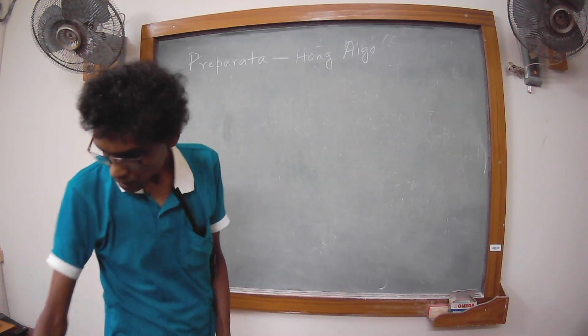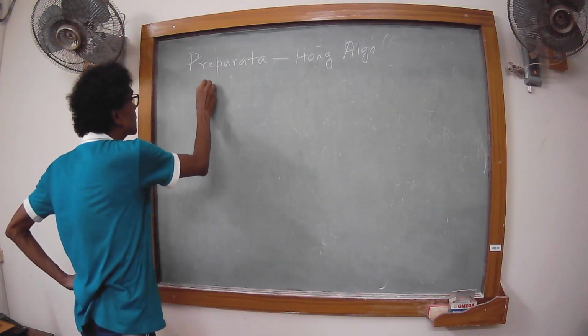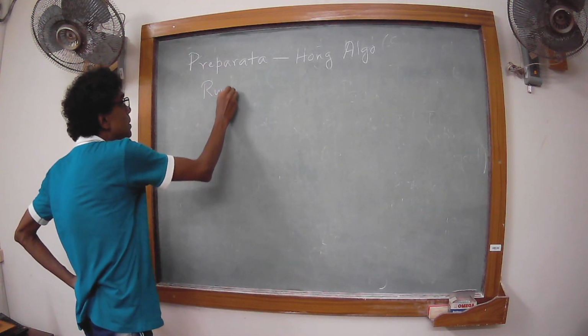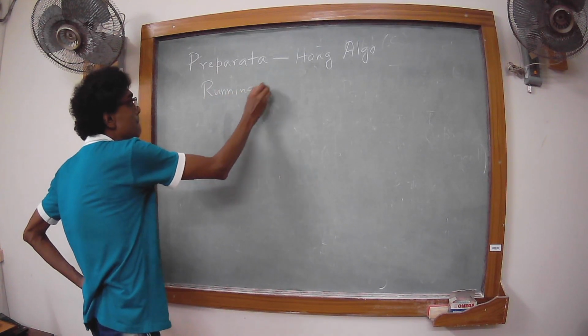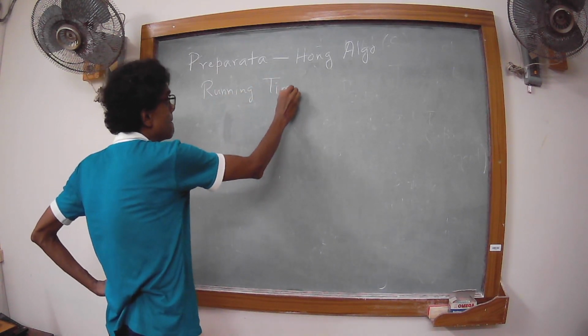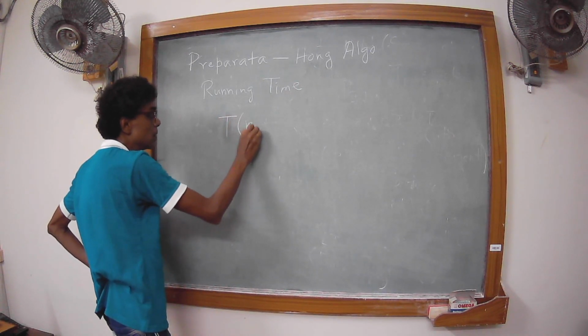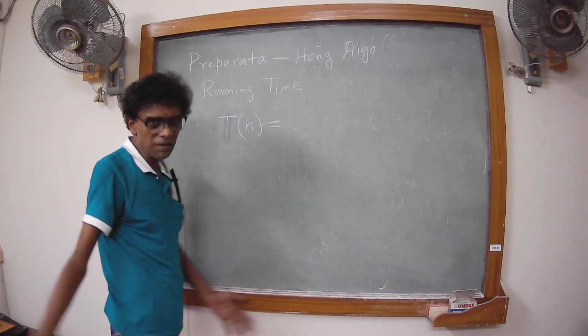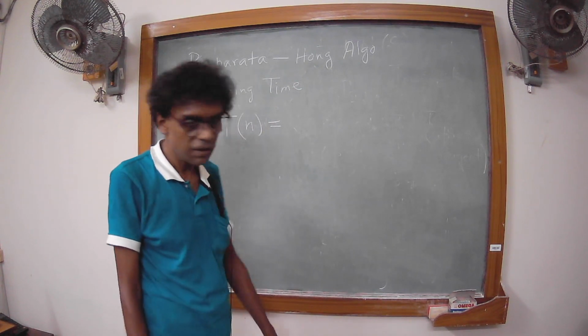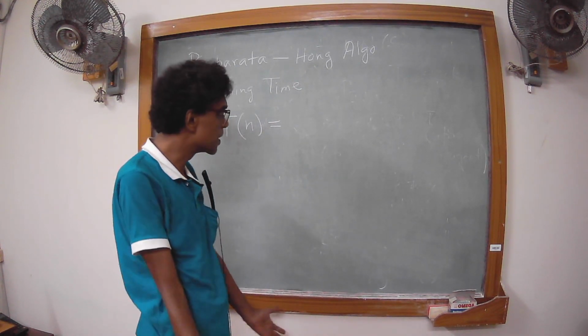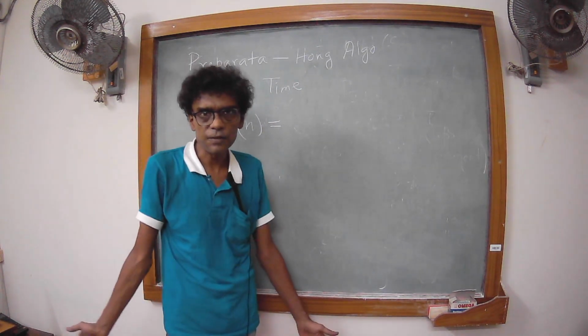So, what is the running time? T of n is constant if n is small. This is the usual thing.